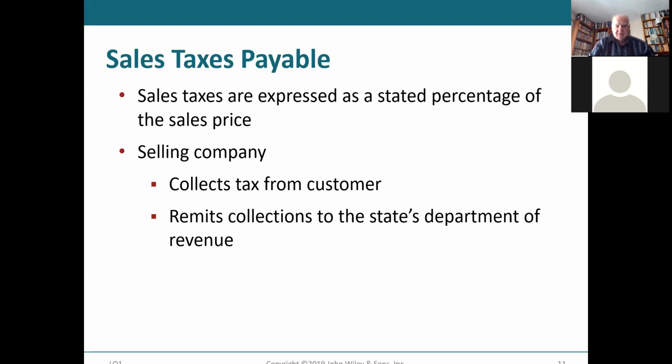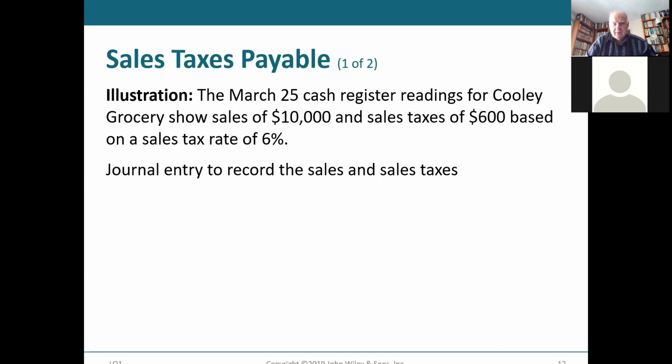Sales taxes are expressed as a stated percentage of the sales price. The selling company collects the tax from the customers. So we have a cash register reading here for Cooley Groceries, sales of $10,000, sales tax of $600 based on a rate of 6%.